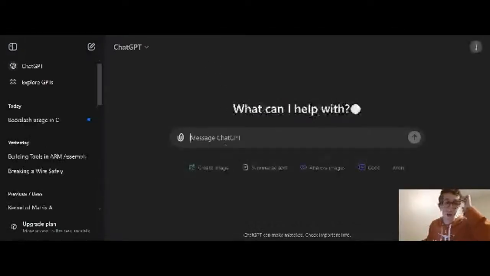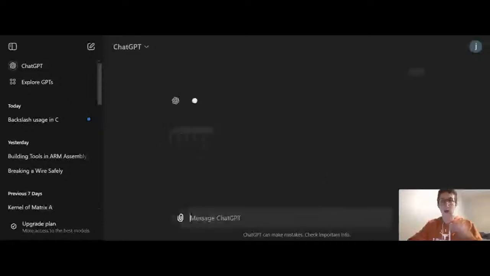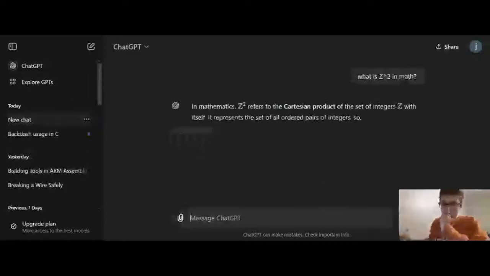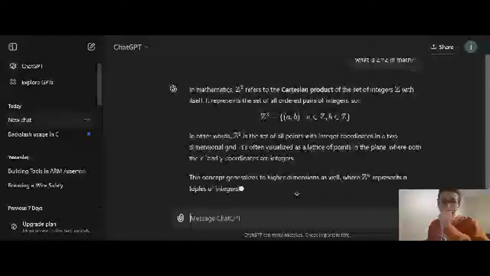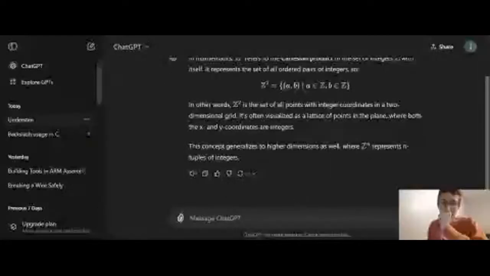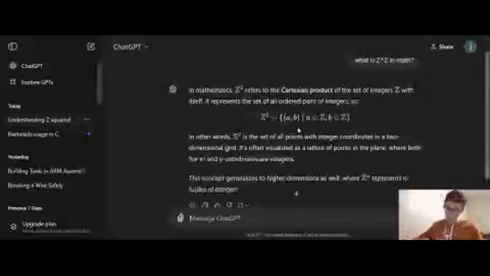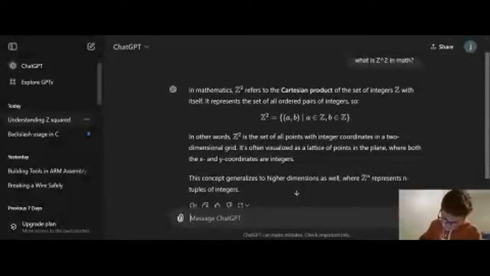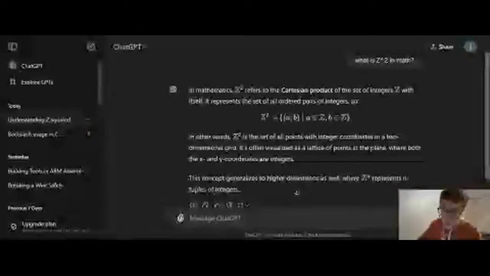Let's go ahead and ask the forbidden fruit. I'm trying to understand this. I'm going to write this down. Zn is a Cartesian product.